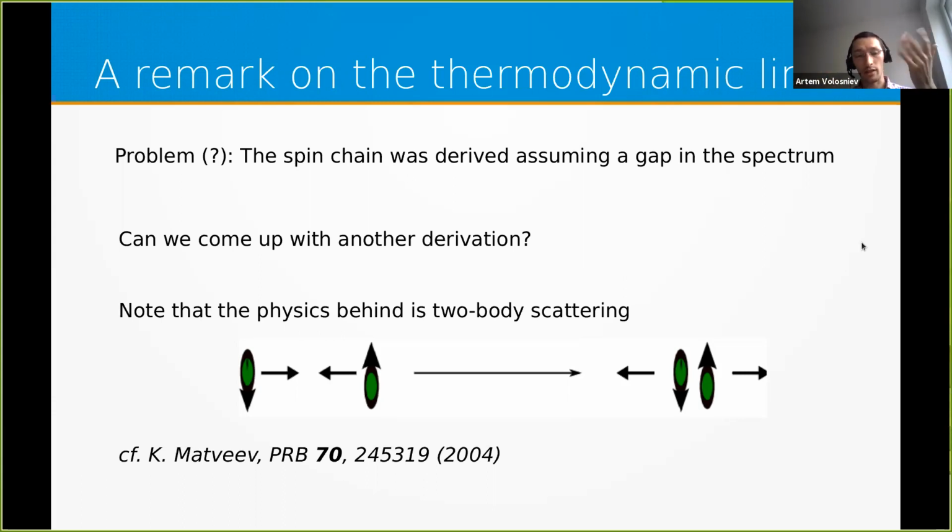It might be worth trying this for mass-imbalanced particles, if one could come up with a spin chain model to describe that. I refer to this paper where this idea was exercised.